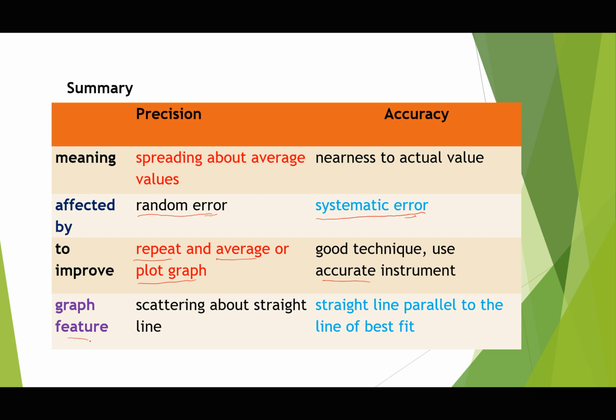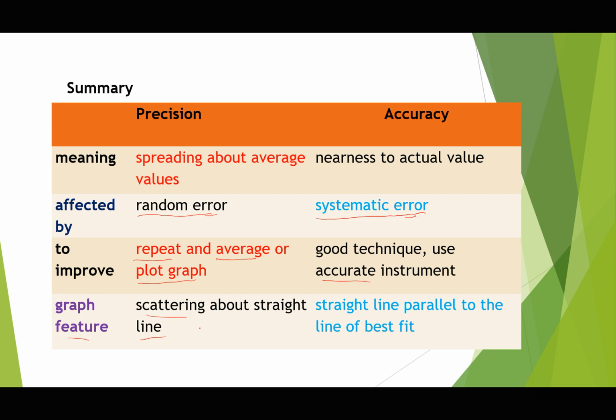When we look at a graph, which feature do we see to identify that there is an issue with precision? Scattering about a straight line tells us that precision is not good. When the scattering is very wide, it means the range between the highest and lowest value is very wide.